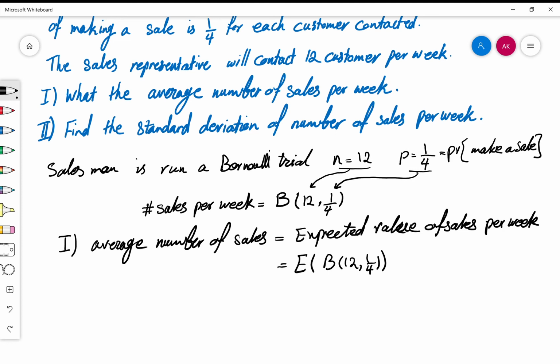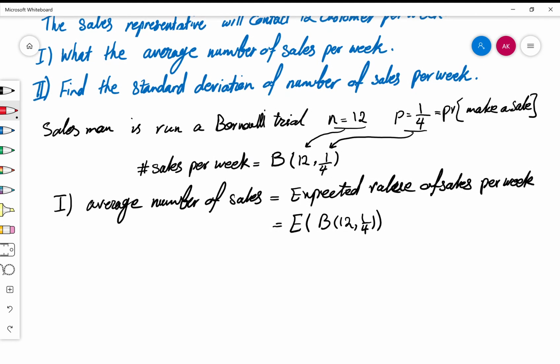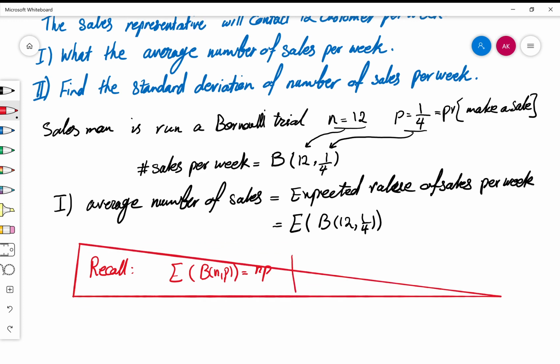What should we do for B(n, p)? We have a formula which gives us the expected value. Recall that E of B(n, p) is n times p. That's something that we should remember at this stage.